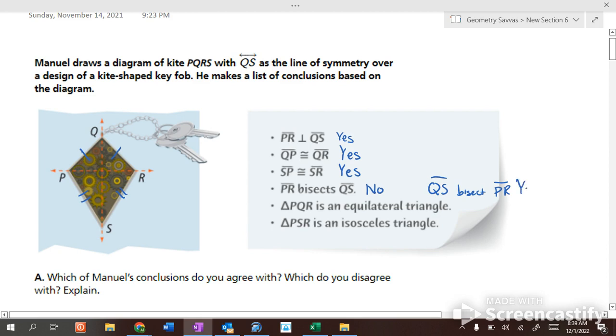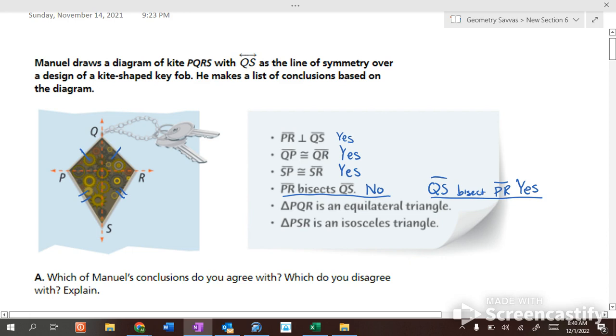This one's a yes. The other one, does PR hit the middle of QS? No, it's not going to be at the middle. Okay? It's never going to hit at the middle of that. It's going to be to one side or the other. So, PR bisects QS is a no. QS bisects PR. That's a yes.